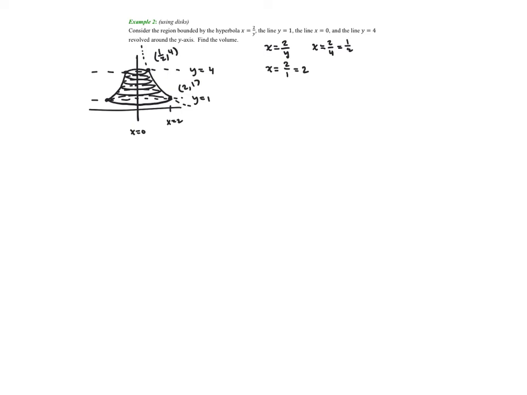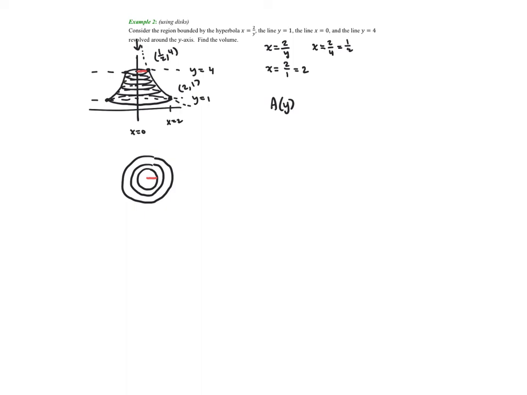Okay, so let's create our area function. Actually, in this case, it's not going to be A of x, it's going to be A of y. So let's take a look as if we're looking down on this figure. Our circles are increasing in radius throughout, but regardless, you can think of this as our radius.